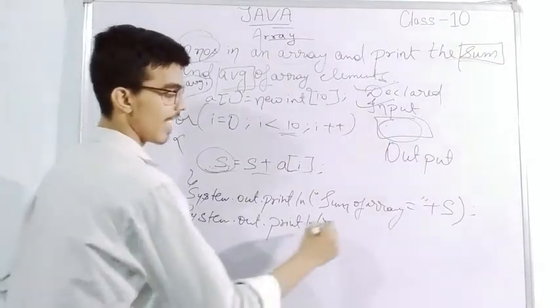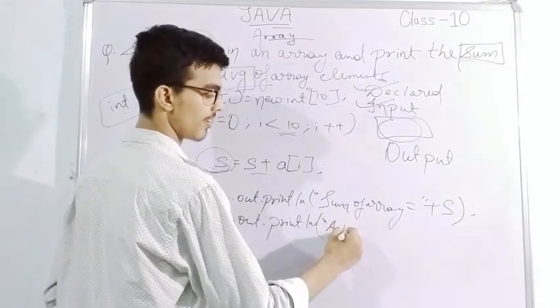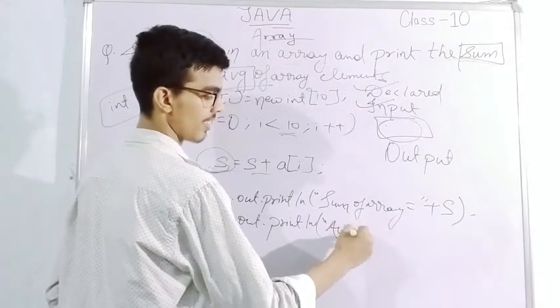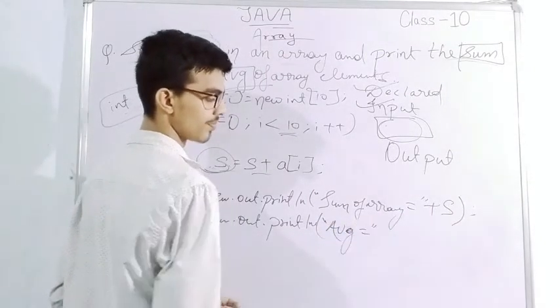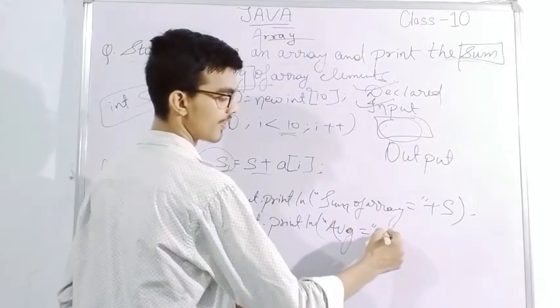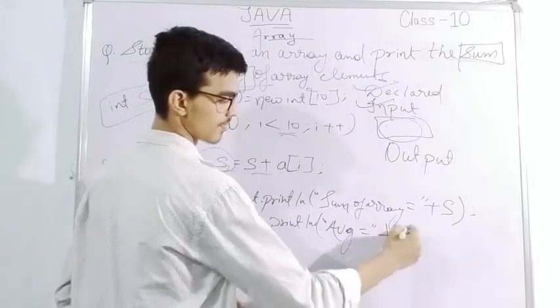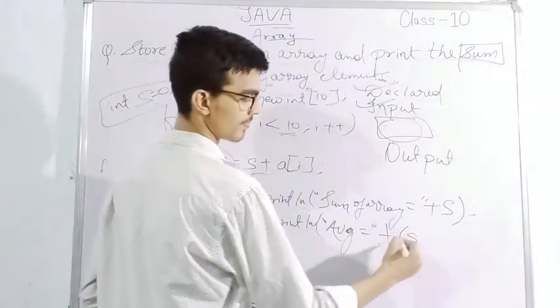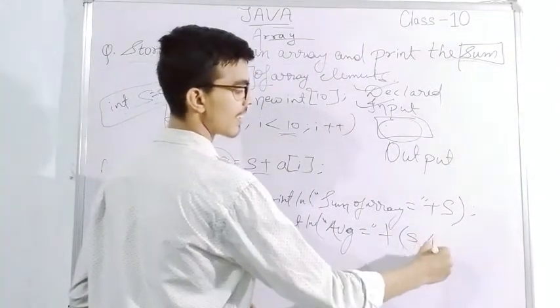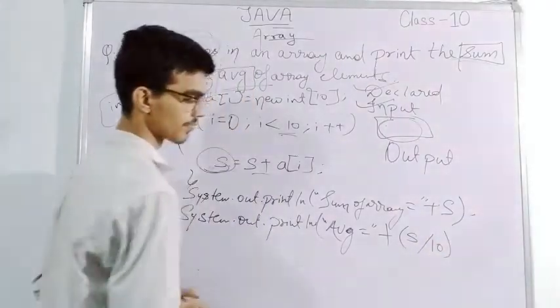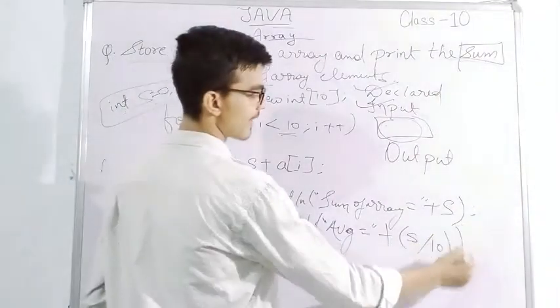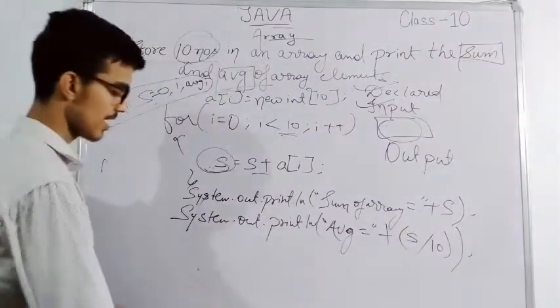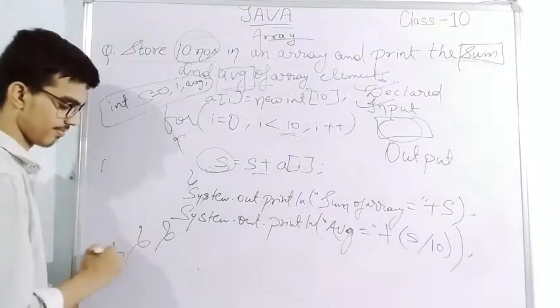We'll write "average is equal to" plus s by 10, and we'll close this.